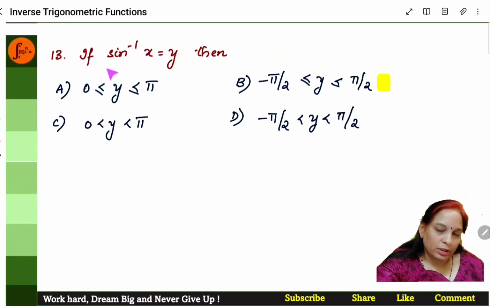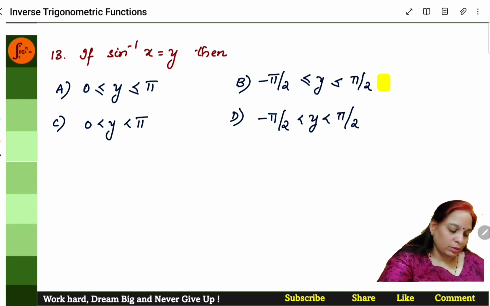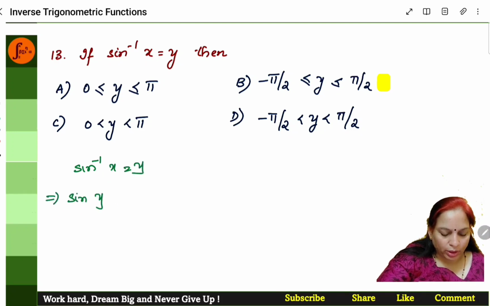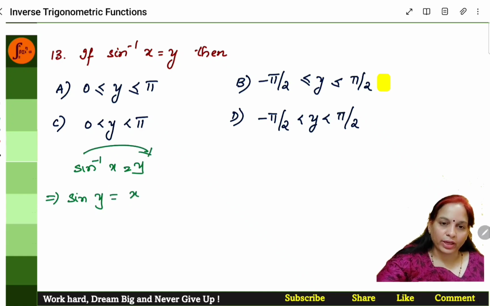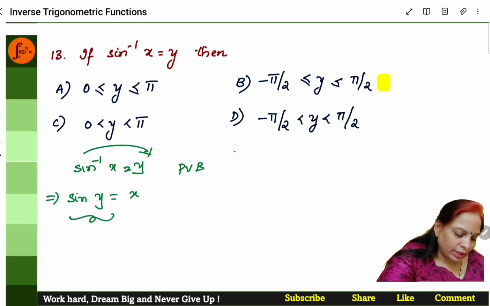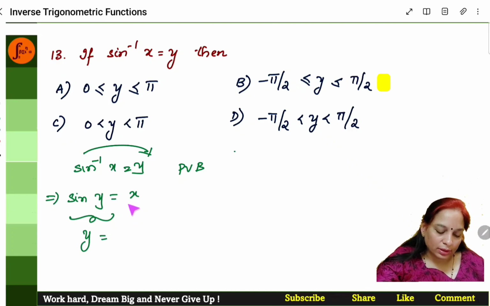Now let's look at 13th problem. If sine inverse of x is equal to y, then we'll have to find out the range. So sine inverse of x is equal to y means sine y is equal to x. When I put sine the other side, it will become sine y is equal to x. So this means that y is equal to sine of some value which is within this range.